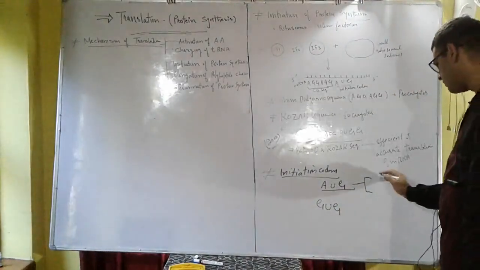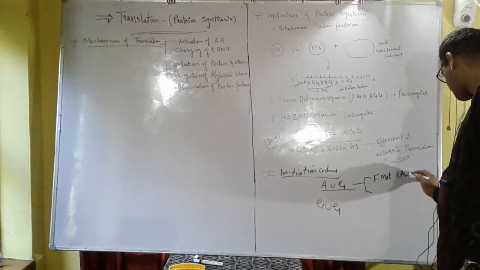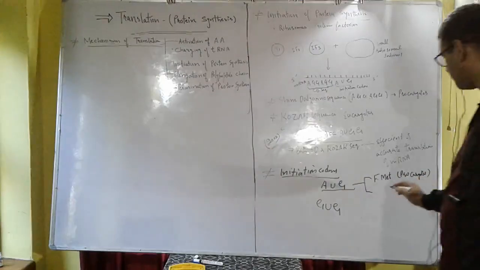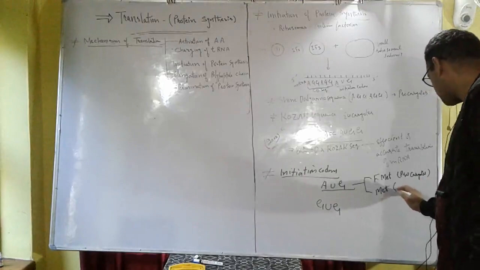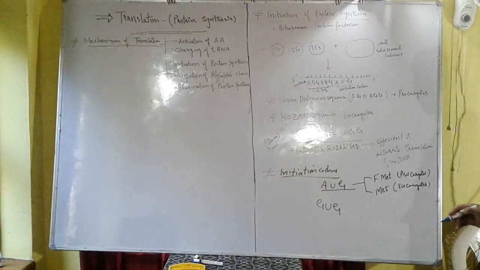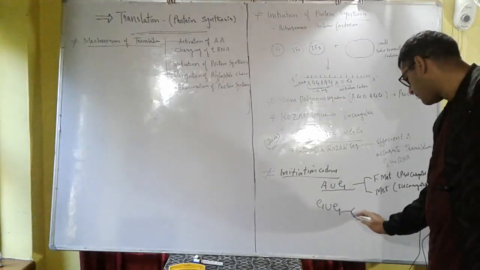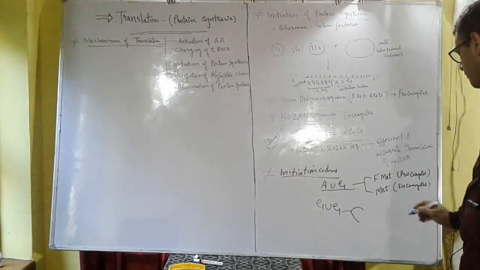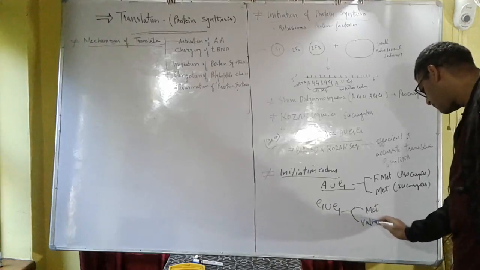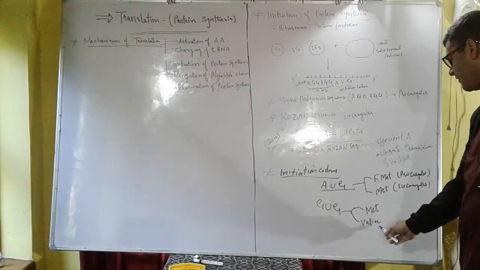It codes for formyl methionine in prokaryotes, and for methionine in eukaryotes. Then we have GUG. It codes for two amino acids, methionine and valine. It is an ambiguous codon.